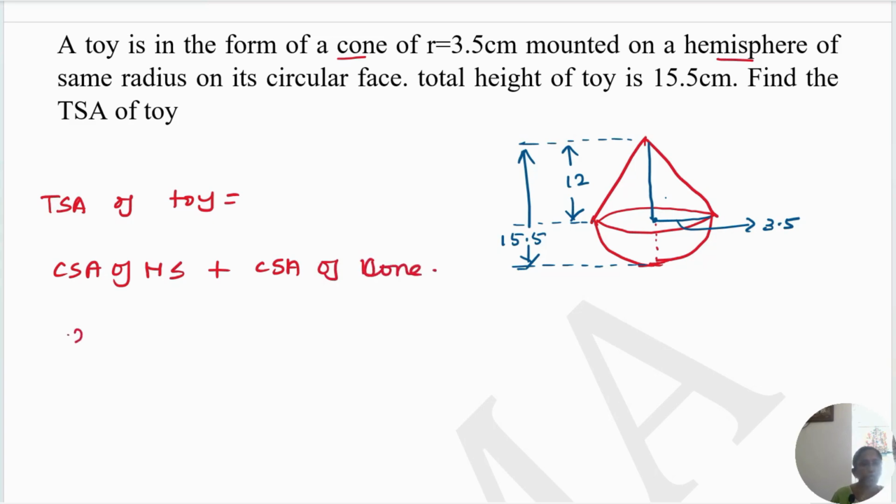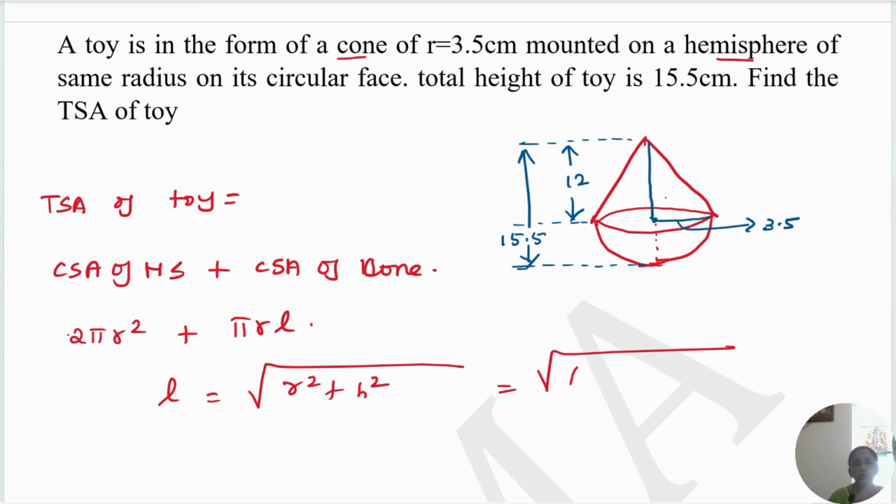So hemisphere is 2 pi r square and formula for the cone is pi r l. So here we know the height of the cone is 15.5 minus 3.5, so 12. And here the radius is 3.5. You have to find out the slant height. So L is equal to square root of r square plus h square. Substitute your value.